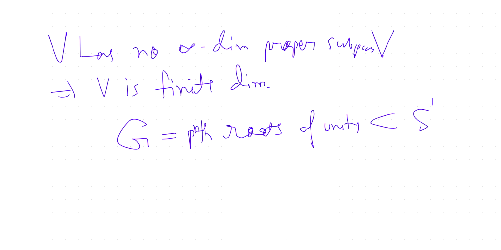This should be the thing. But how do we prove this? Because the order of every element is a power of p. So that means it should be like this.